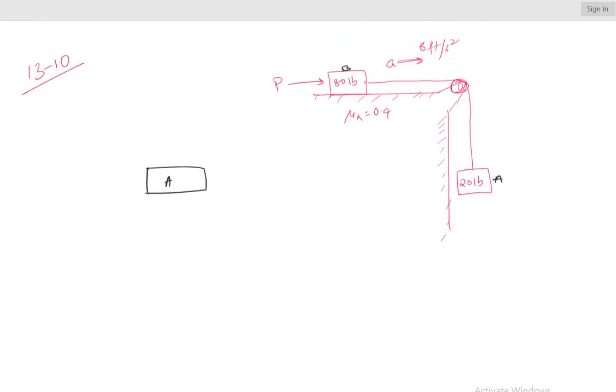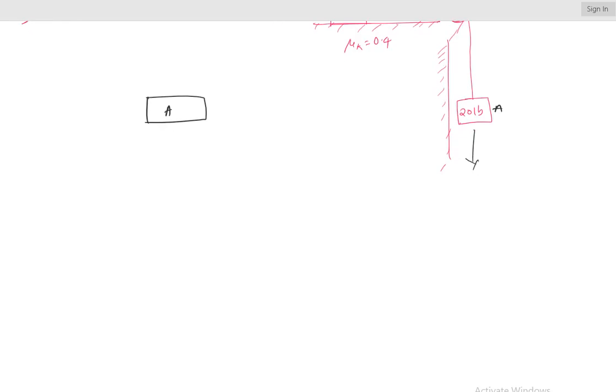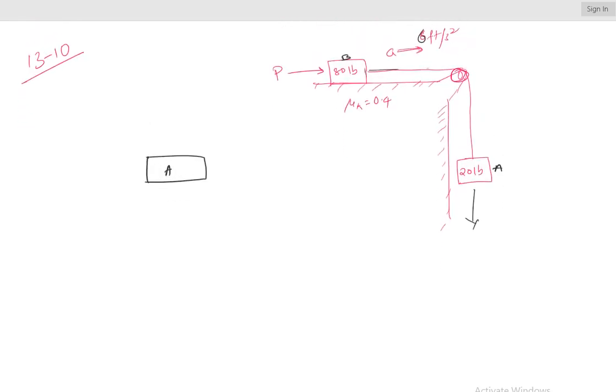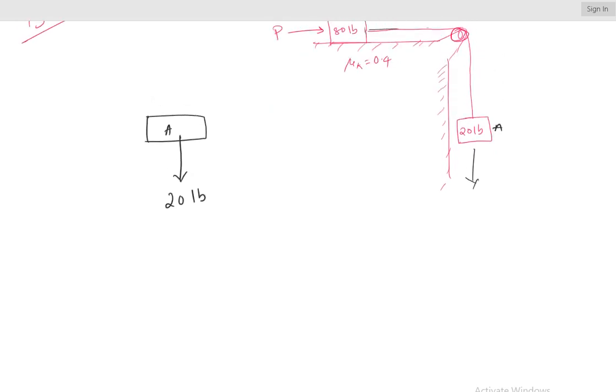So on the block A, if this body is moving towards the right with an acceleration of 6 feet per second squared, then that means this is also going down with 6 feet per second square, right? Because it's one continuous, it's tied with a thread. So however this moves, this will also move. So the body is 20 pounds, which is acting down.